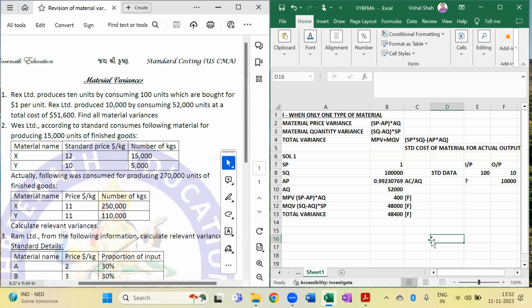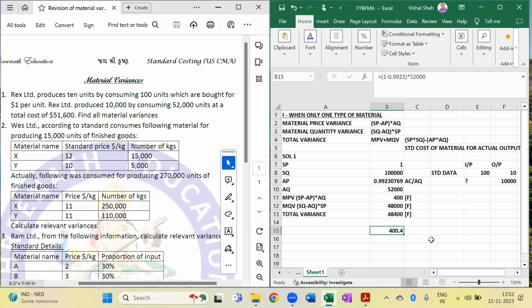Right question. Let me tell you. If you remember, I always told you, please do not use two decimals. Use four decimals. So let me use these four decimals. 1 minus 0.9923 into 52,000. See, I am getting 400.4.